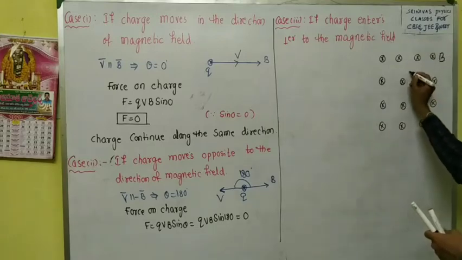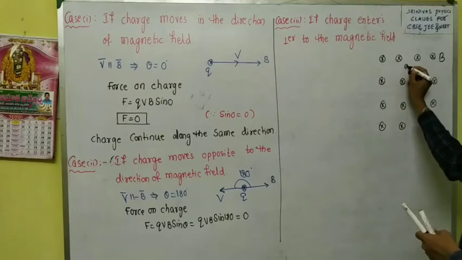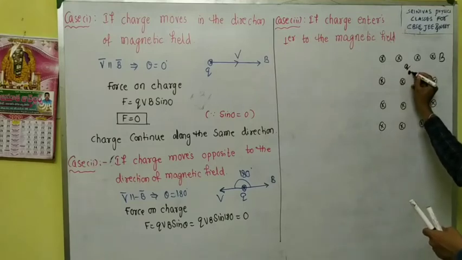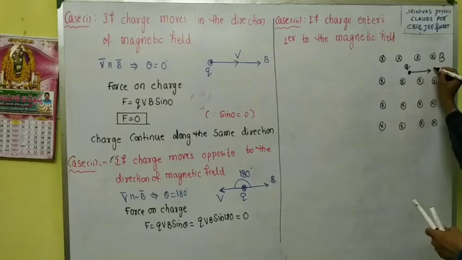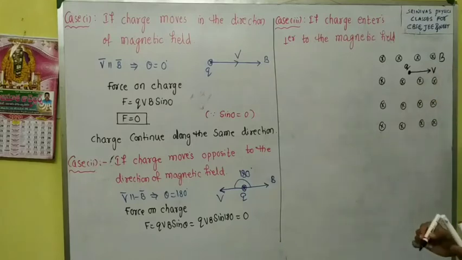Let us consider one charge q entered with some velocity v, for example along the x-axis, velocity along positive x-axis.